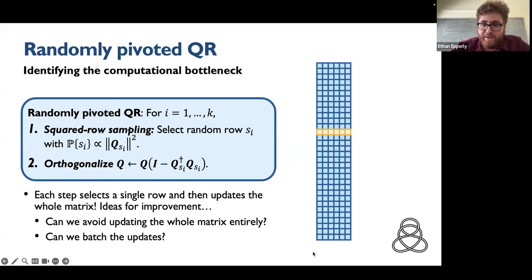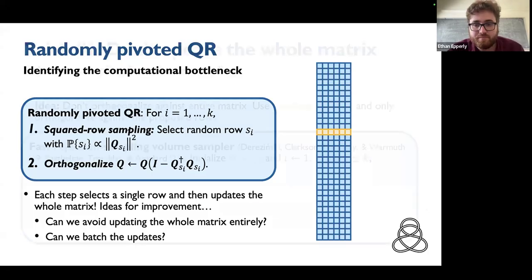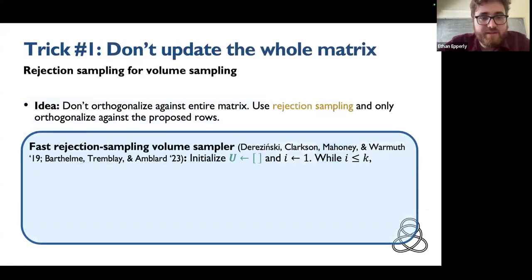First, it updates the entire matrix, and two, it updates the entire matrix by orthogonalizing only against a single row. And modern computer processors are much more efficient at dealing with blocks of rows rather than single rows. So it's natural to ask, can we avoid updating the entire matrix, and can we batch the updates? And we can do both of these things.